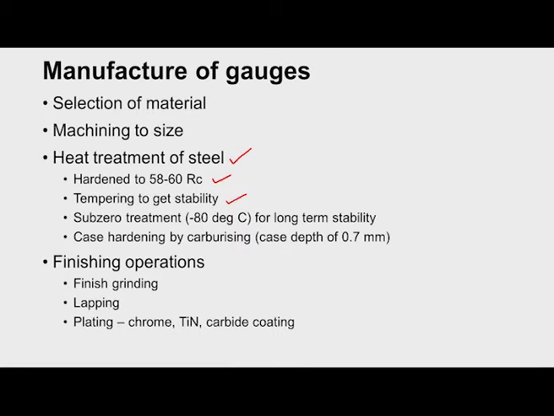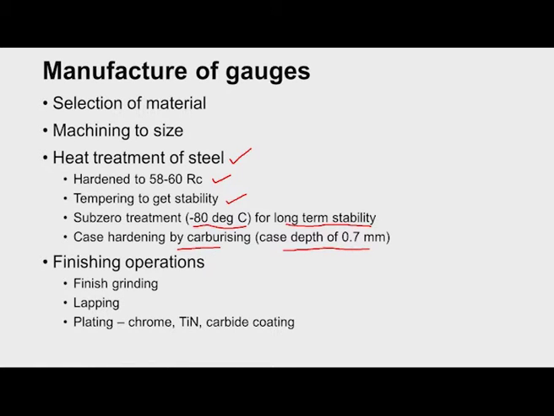Sometimes sub-zero treatment is used, that is, the gauge blanks are placed at minus 80 degrees Celsius for long term stability. And then case hardening by carburizing is also sometimes performed on the gauges to improve the hardness of the gauging surfaces. In that case, a case depth of 0.7 millimeter may be required.